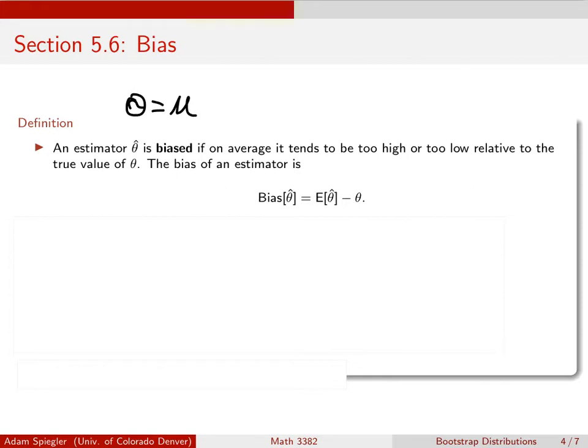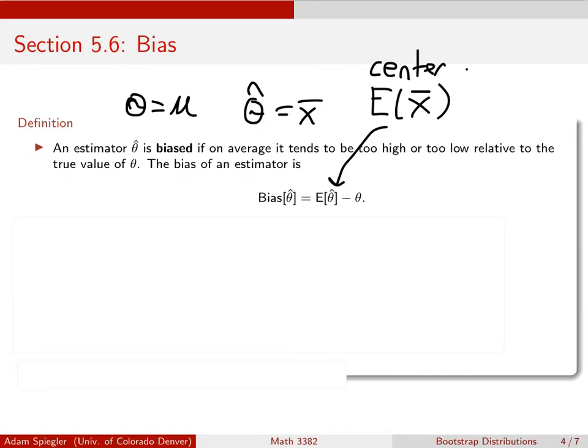So if theta is a mean, and we're going to estimate this with x bar, then we would compare E of x bar. You can think about this as the center of the sampling distribution, and this is the actual value of the parameter.